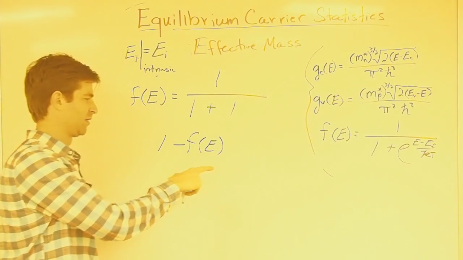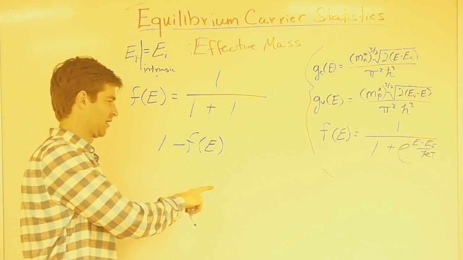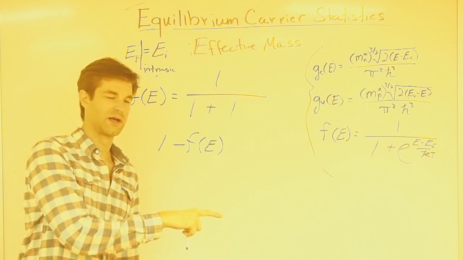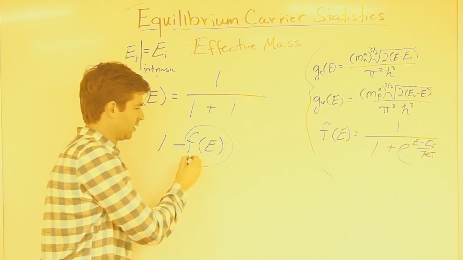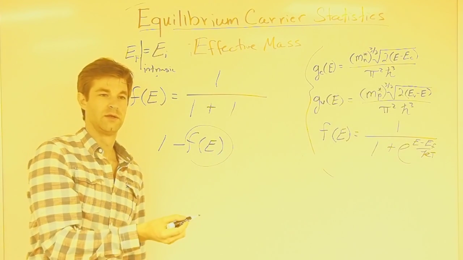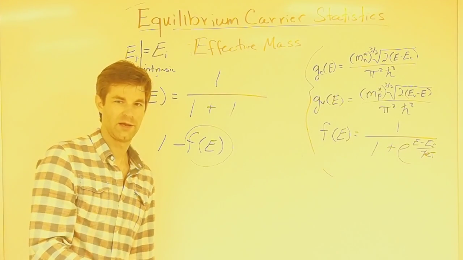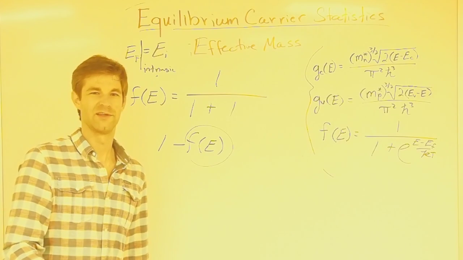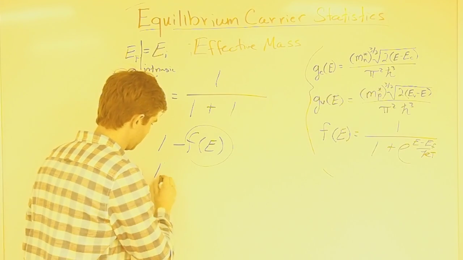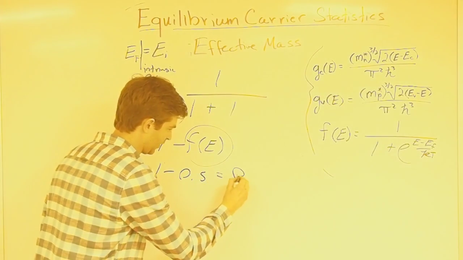So 1 minus f(E) is the probability that a state is not occupied, because f(E) can only be between 0 and 1. So if there's a 50% chance that it's occupied, then there's a 50% chance that it's empty. 1 minus 0.5 equals 0.5.